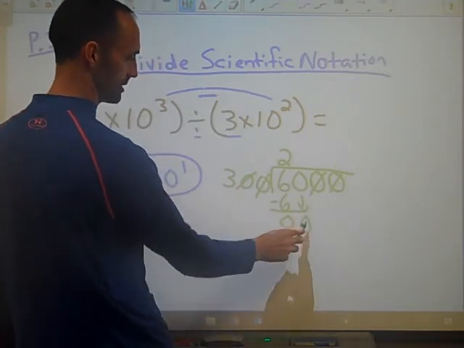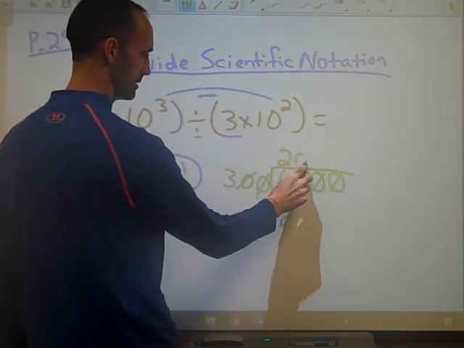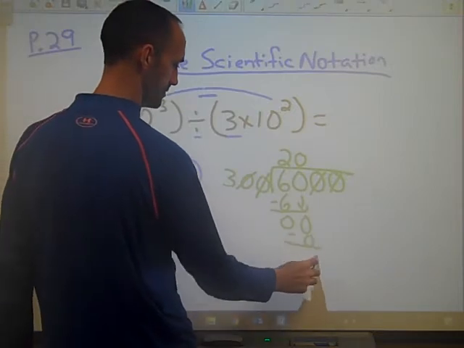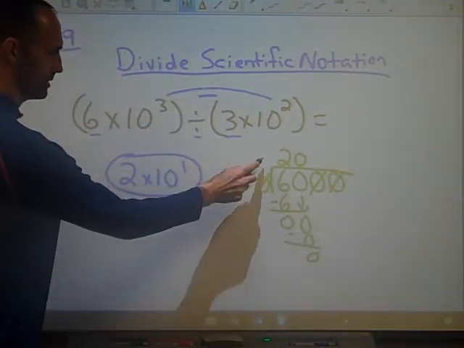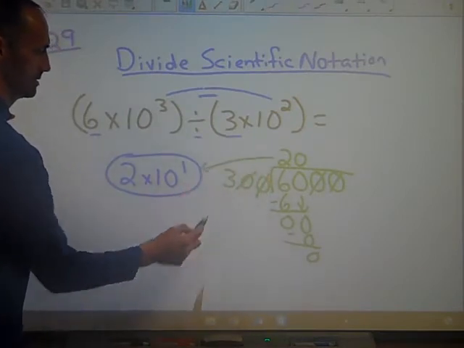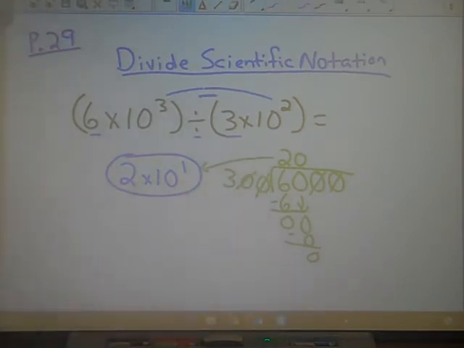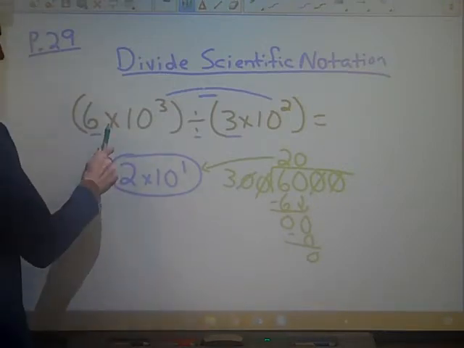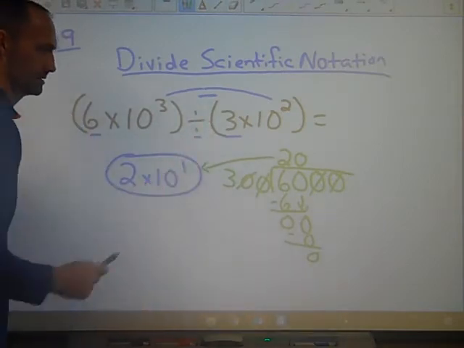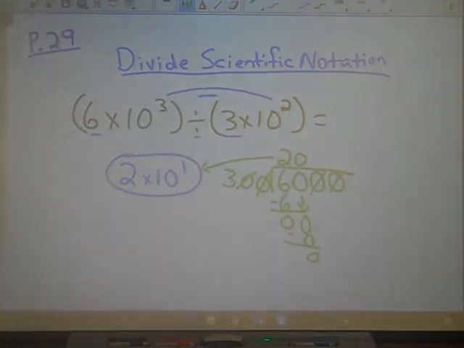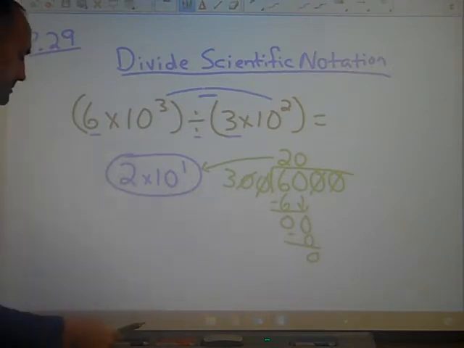How many times does 3 go into 0? 0. Our answer is 20. And 20 is written 2 times 10 to the 1st. Okay? So exponents are subtracted when we divide.